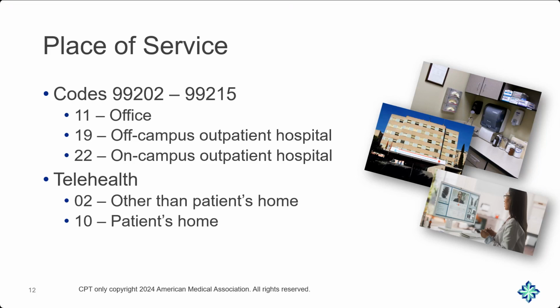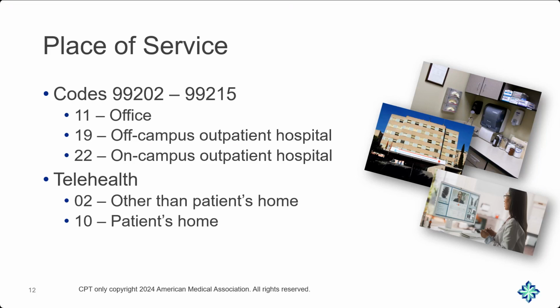The procedure codes we're discussing today are applicable not only to the office, but also to provider-based hospitals. We're talking about place of service 11 for an office, 19 for an off-campus outpatient hospital, and 22 for an on-campus outpatient hospital. Those are the places of service you'll typically use here.